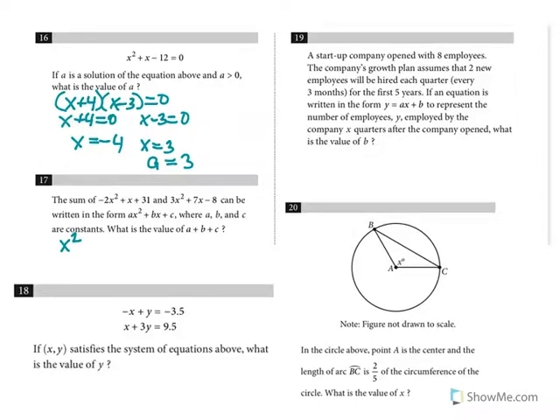Then we have x plus 7x, that's 8x. Then we have 31 plus negative 8 is 23. That means we have a is equal to 1, b is equal to 8, and c is equal to 23. So 1 plus 8 is 9, plus 23 is 32.